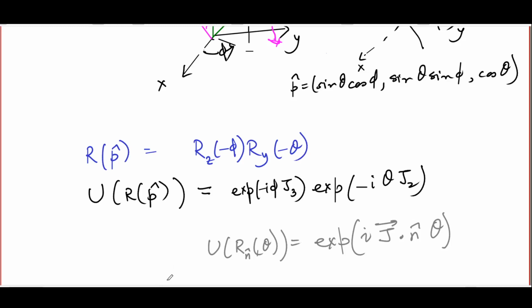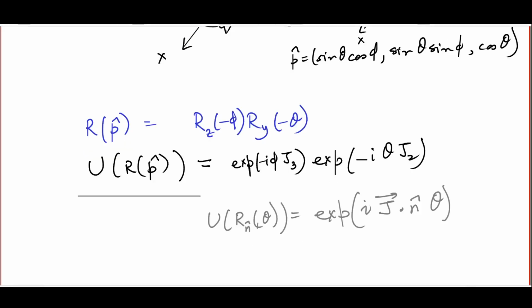I have just stated this in some detail so that we can avoid confusion later. Indeed, Weinberg does not even specify R(p hat) at all, and prefers rather to give this expression for U(R(p hat)) with the additional constraints that theta must obviously be between 0 and pi, and phi be confined between 0 and less than 2 pi.